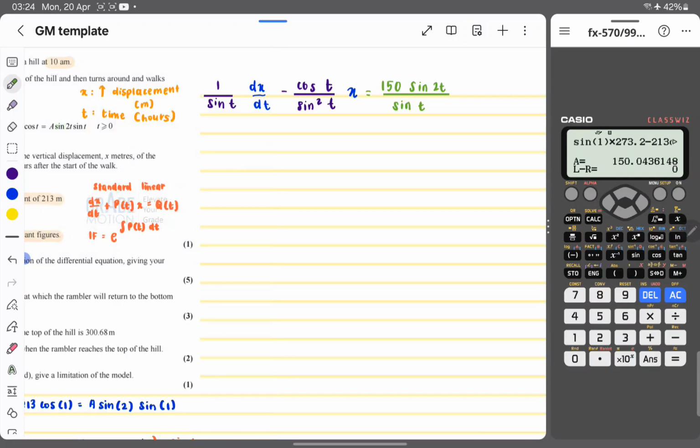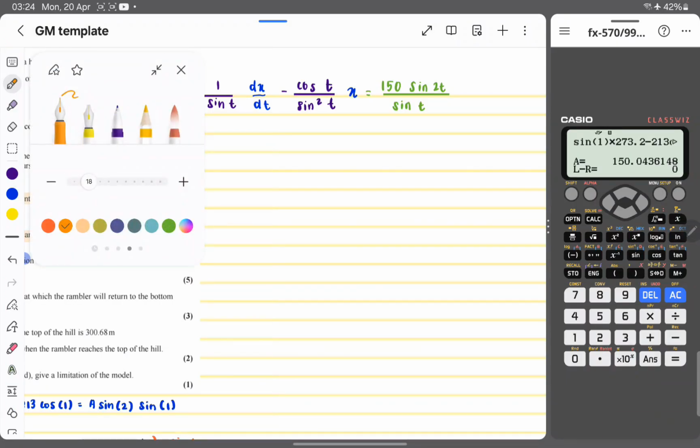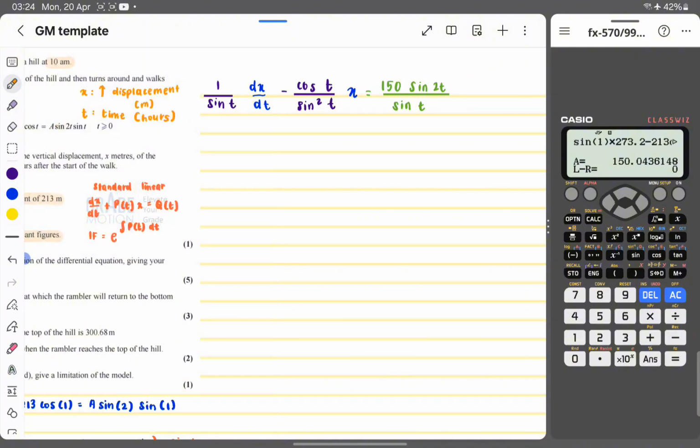Now, what we have on our left hand side is actually an expansion of the product rule. Here is our u and here is our dv/dt. Here is our du/dt and here is our v. So we have plus here. So this is the product rule, which is equal to d/dt of u multiplied by v.